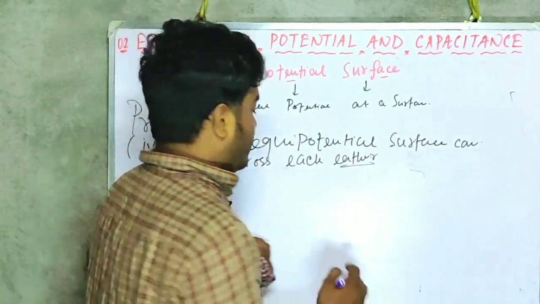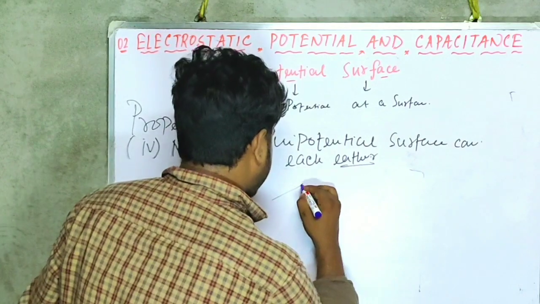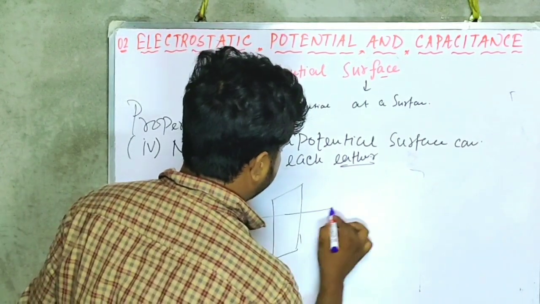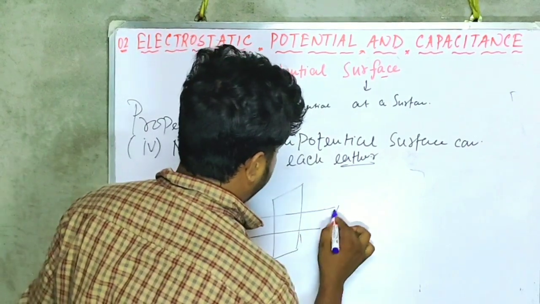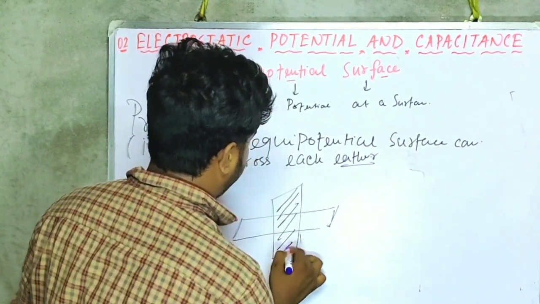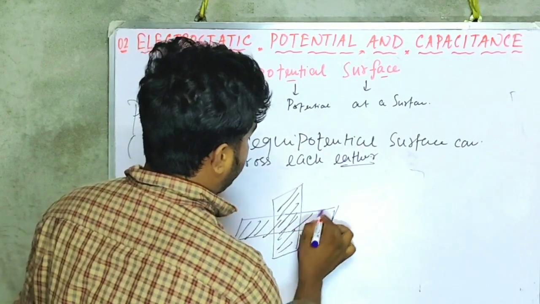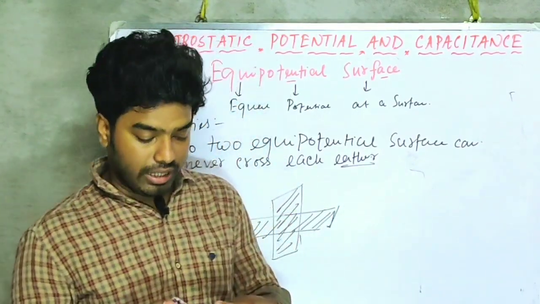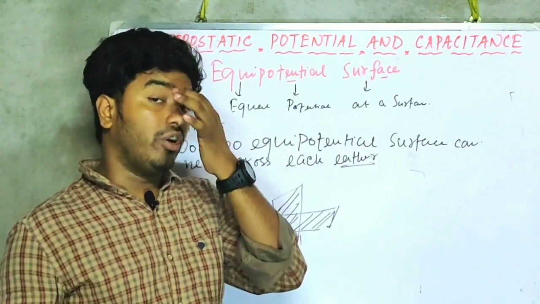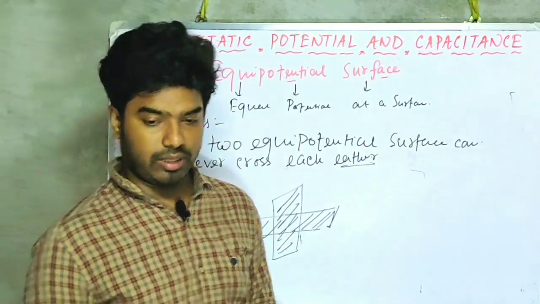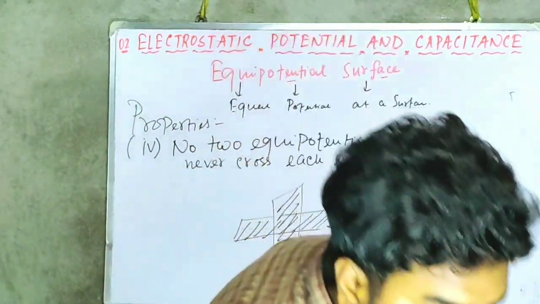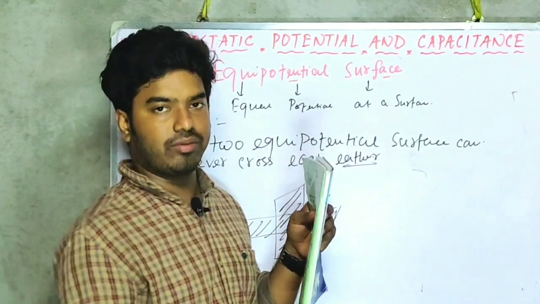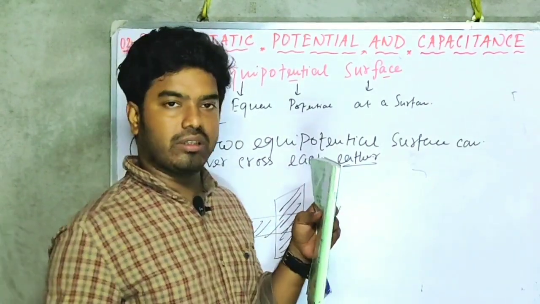Why? Suppose this is an equipotential surface, and this is another equipotential surface. You know the direction of electric field over an equipotential surface is always normal. Suppose I consider this is an equipotential surface placed vertically.